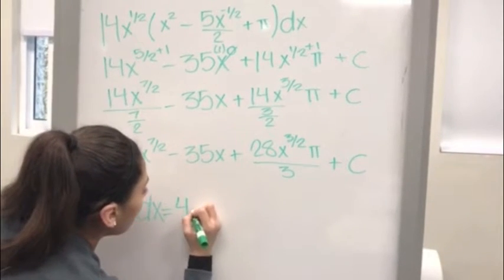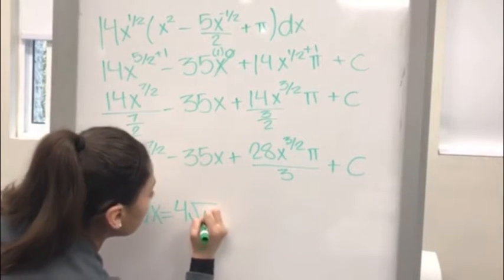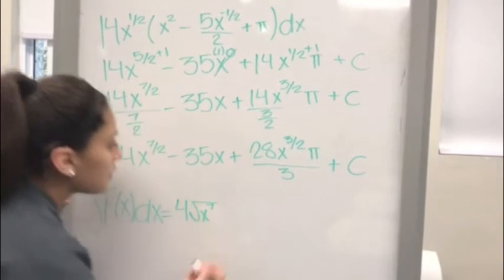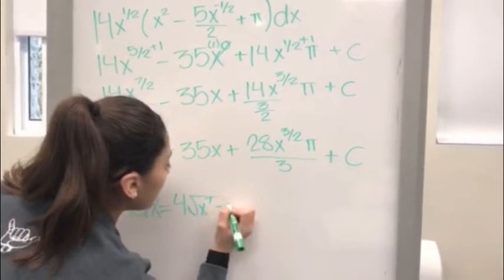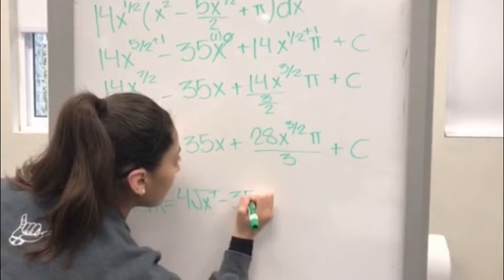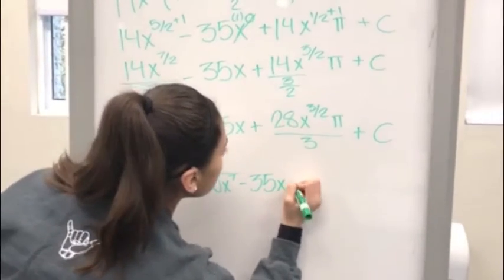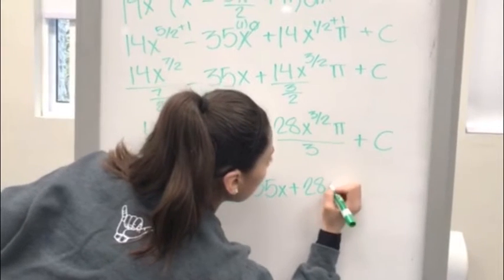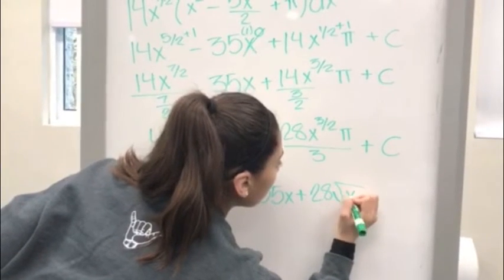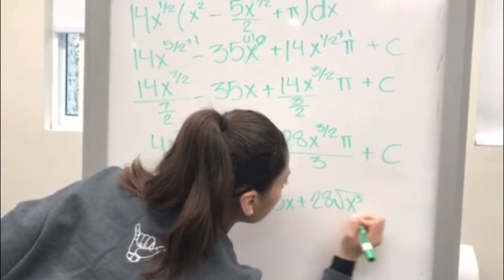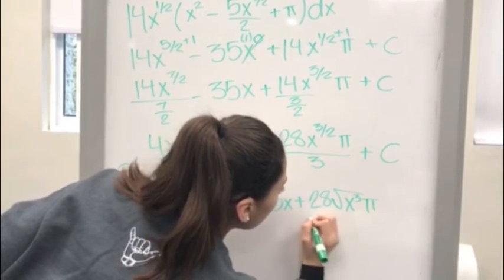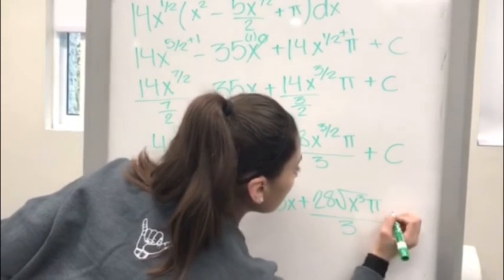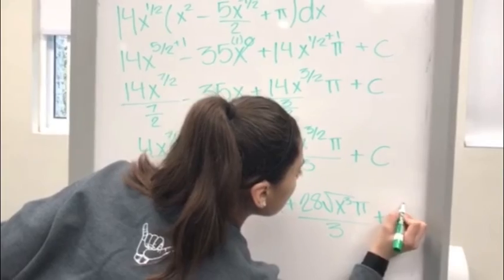Four square root of x to the 7th power minus 35x plus 28 square root of x cubed times pi over 3 plus c.